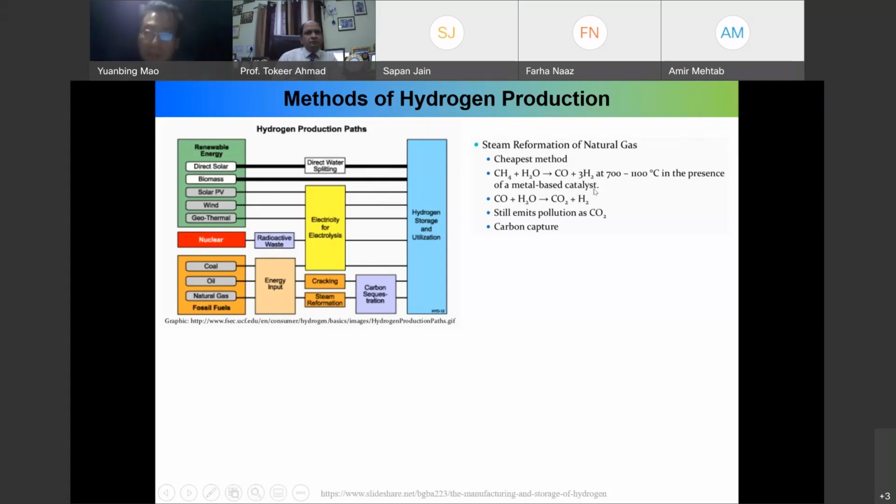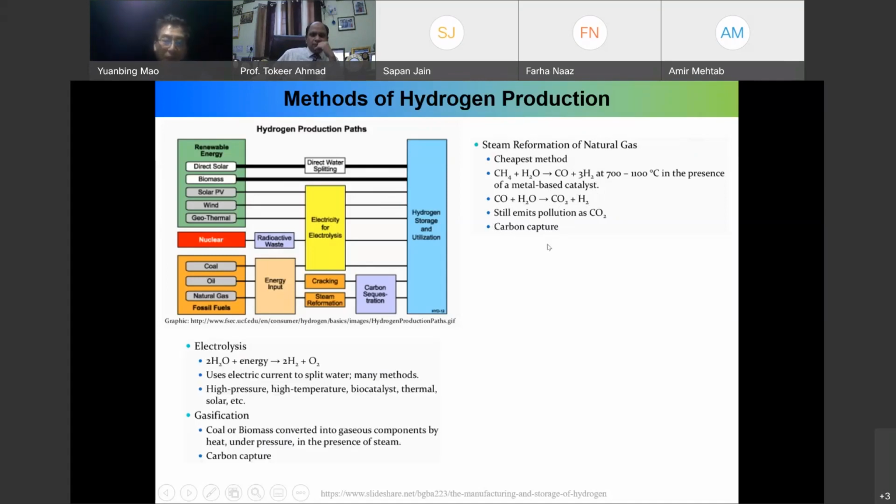Then the CO can continue to be converted with extra water into CO2 and more hydrogen. But definitely you see what is generated: CO2, for which we need to consider carbon capture. So that's one process.